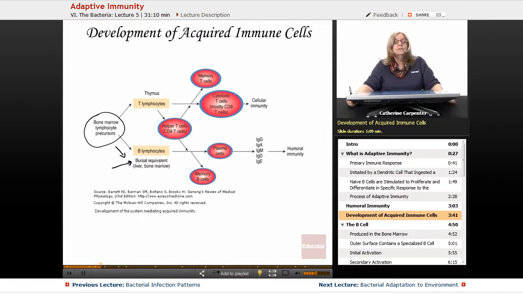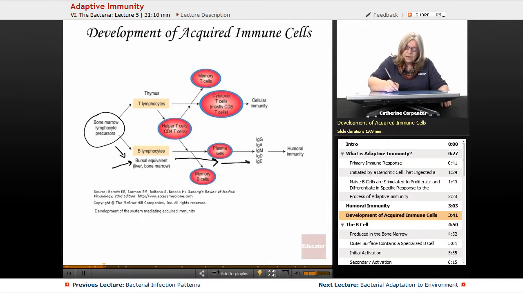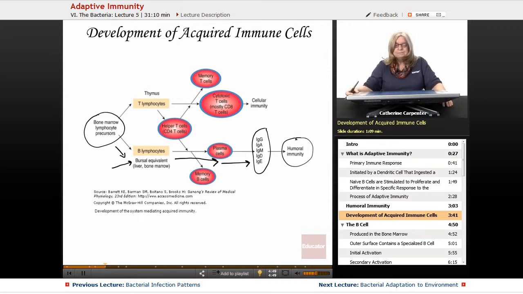That's one of the reasons, for instance, when you have some kind of respiratory or viral or bacterial infection, often your lymph nodes get swollen, and that's because all of these cells, both the T and the B cells, are getting produced. So the B lymphocytes develop into plasma cells, and it's the plasma cells that produce the antibodies, the classic antibodies that are associated with humoral immunity.